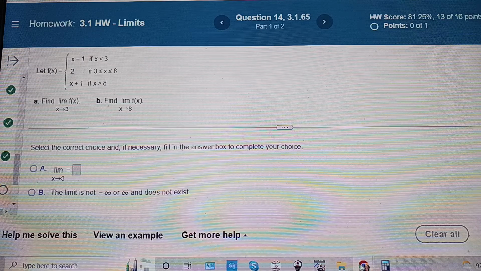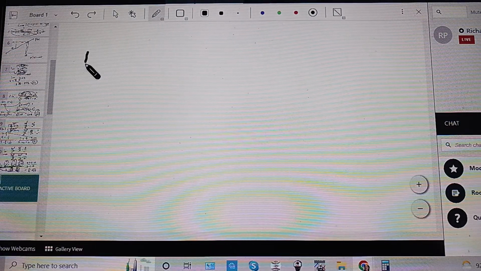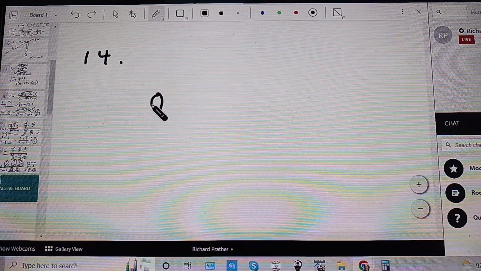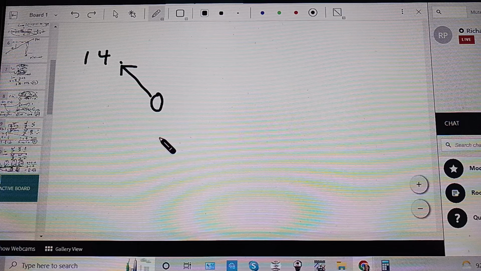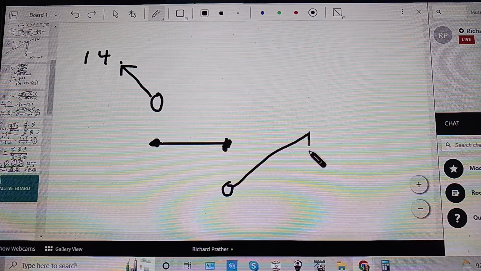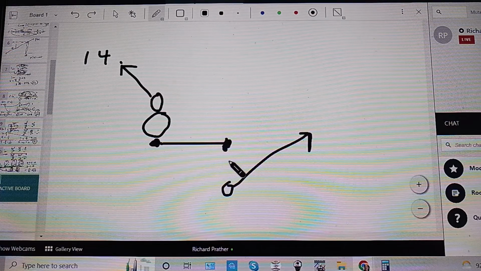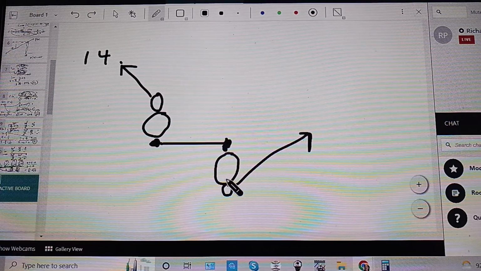Because what can happen with these piecewise functions is you can have 3 different pieces. You might have a line going like this, and then a horizontal piece like so, and then another one going like that. They can be detached here and detached there. Or sometimes they all connect up.